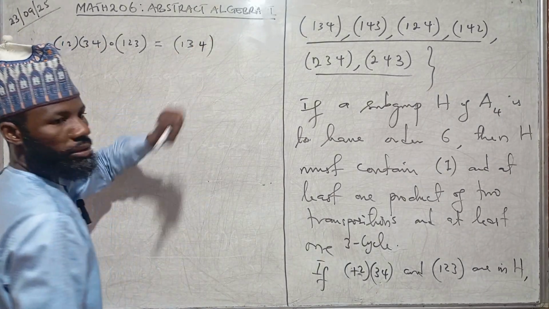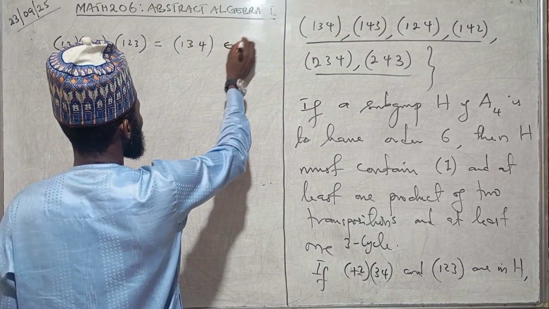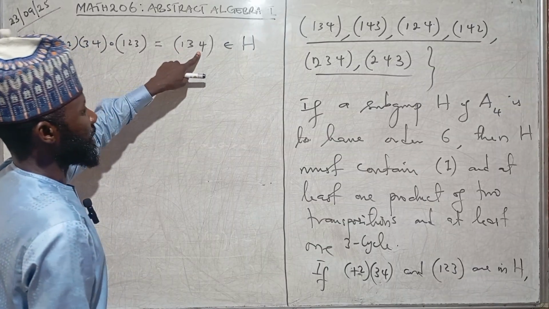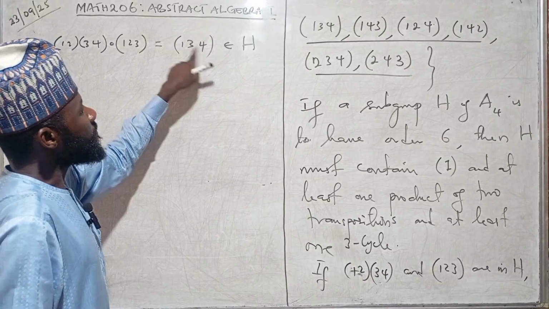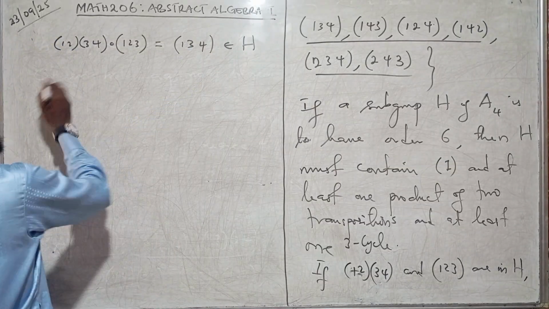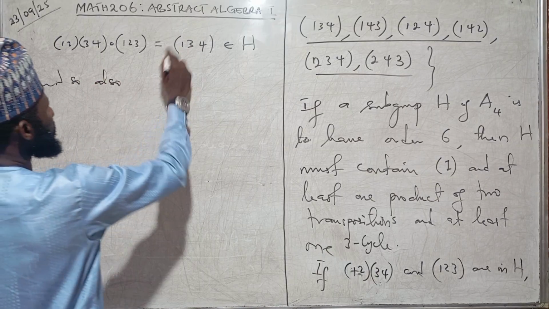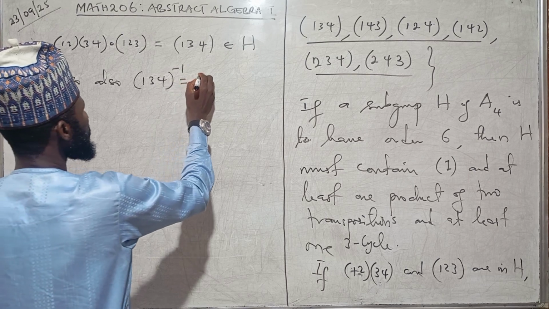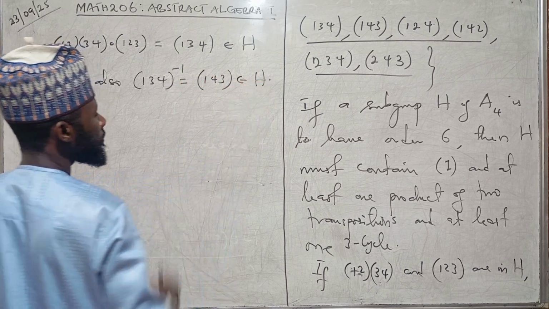So you have this element, (1 3 4), and it must be in H. But if (1 3 4) is in H, and H is to be a subgroup, the inverse of this must also be in H.